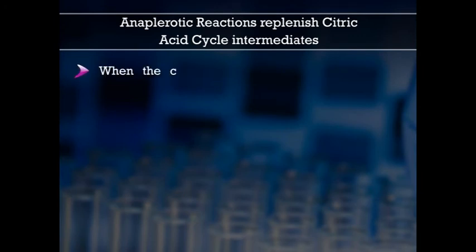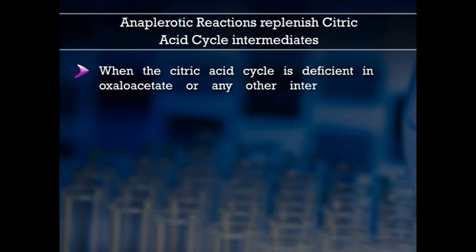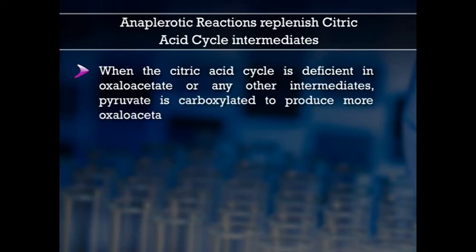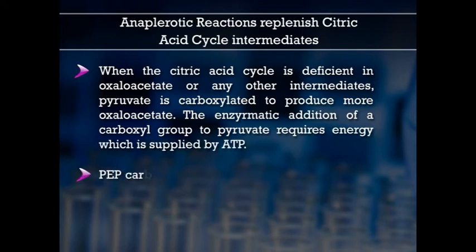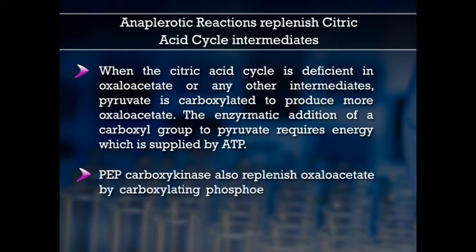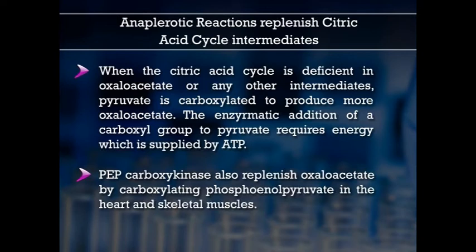When the citric acid cycle is deficient in oxaloacetate or any other intermediates, pyruvate is carboxylated to produce more oxaloacetate. The enzymatic addition of a carboxyl group to pyruvate requires energy, which is supplied by ATP. PEP carboxykinase also replenishes oxaloacetate by carboxylating phosphoenolpyruvate in the heart and skeletal muscles.